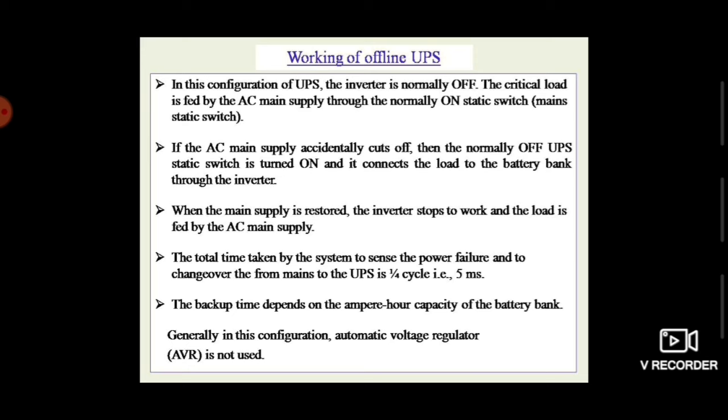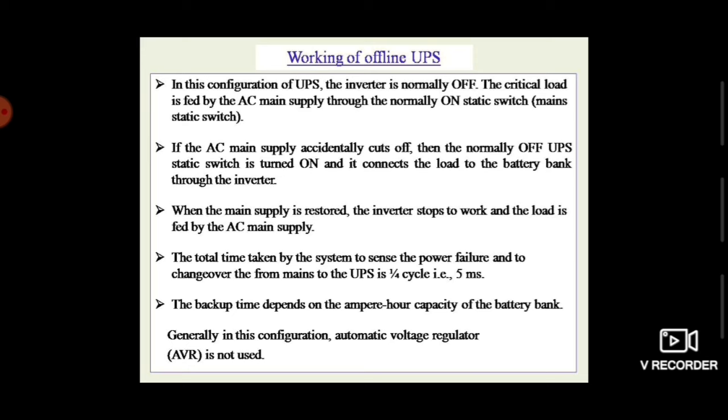The total time taken by the system, as I already told you, to sense the power failure and to change over from the mains to the UPS system is 1/4 of a cycle, that is 1/4 of 20 millisecond, that is 5 millisecond.